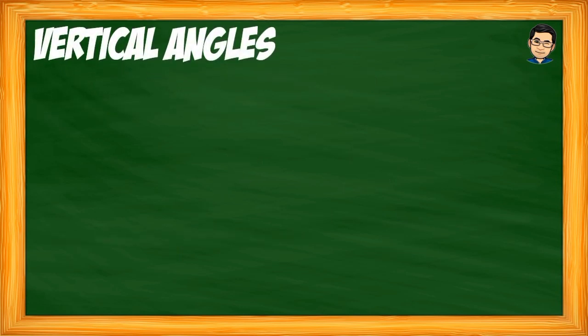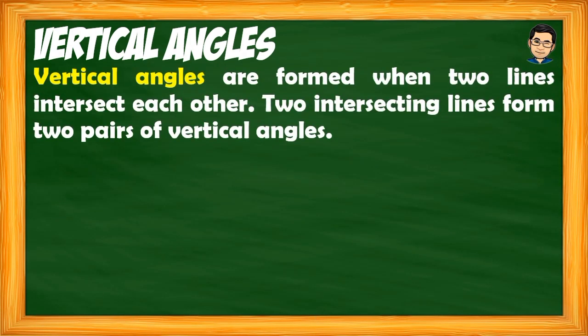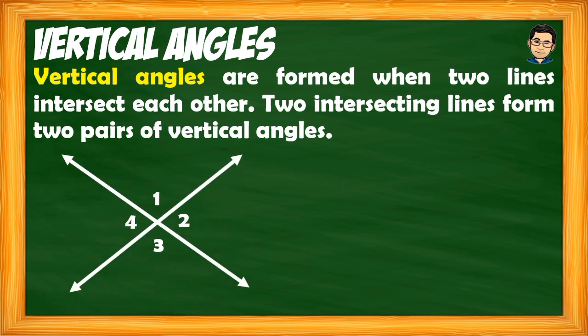Next, vertical angles. So, paano na po form yung vertical angles? Vertical angles are formed when two lines intersect each other. So, two intersecting lines form two pairs of vertical angles. Mapo-form lang po yung vertical angles kapag yung dalawang lines ay nag-intersect. So, let us have an illustration. Meron po tayo dyang line.